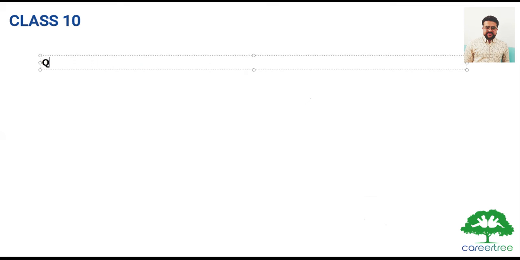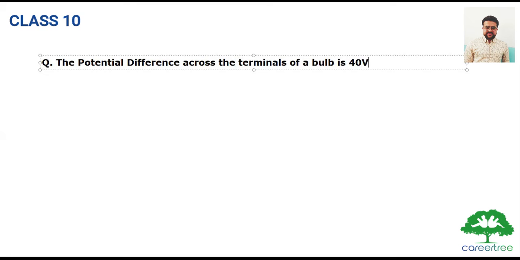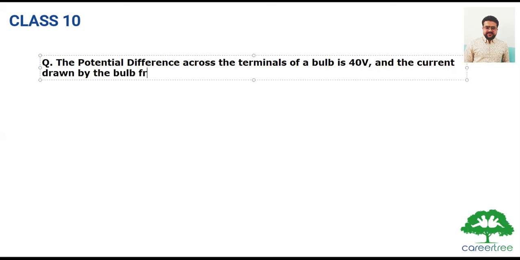Let's suppose the question says the potential difference across the terminals of a bulb is 40 volt and the current drawn by the bulb from the source is, say, 2 ampere.